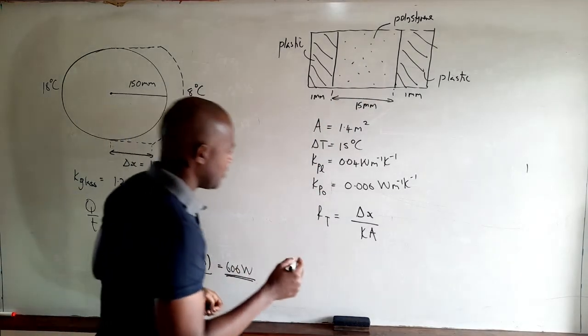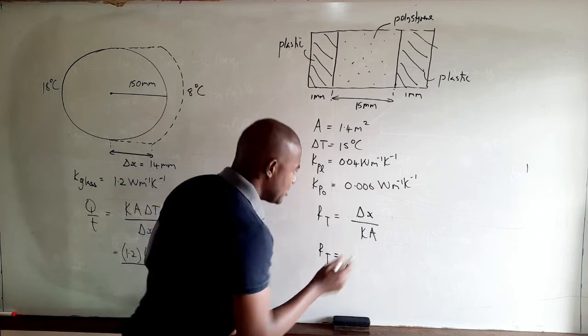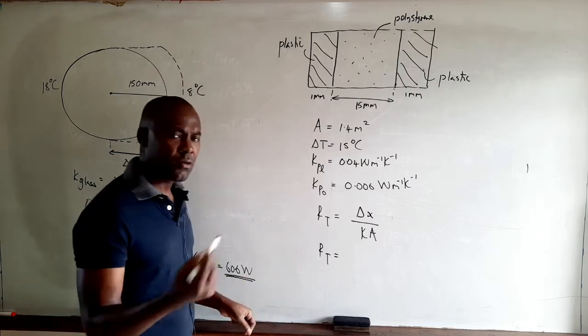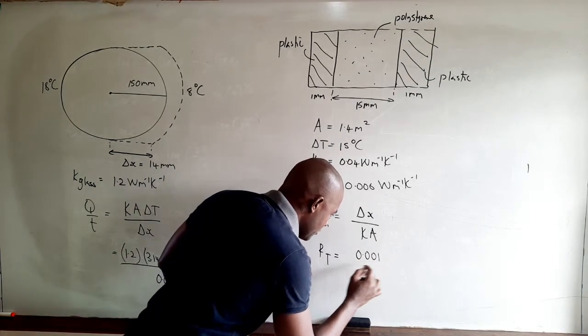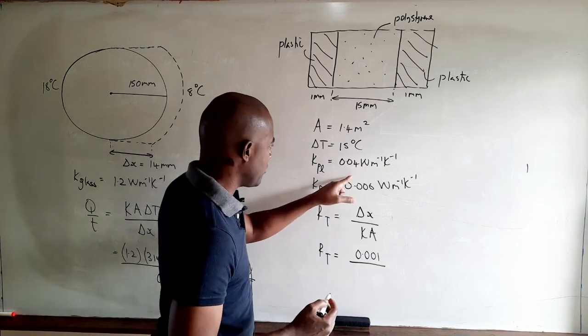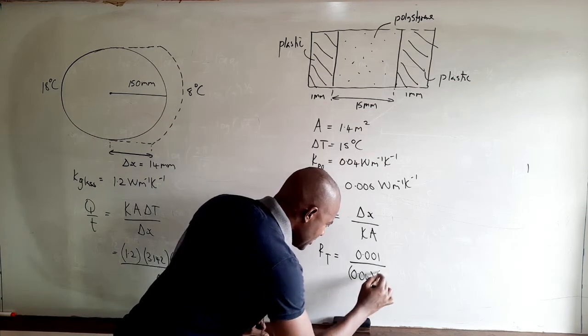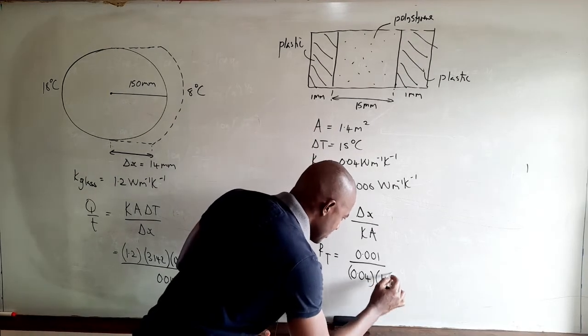So for plastic, we say that the thermal resistance, RT, is equal to the thickness of plastic, which is 1 millimeter, which of course we convert to meters. So this is equal to 0.001 meter divided by the thermal conductivity of plastic, which is 0.04, times the total surface area of 1.4. Right?